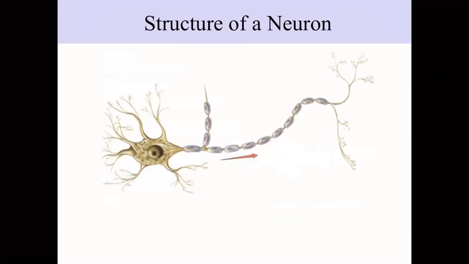Now here's the structure of a neuron. So we're going to go over what the parts are. And there's a lot of parts. So let me start down here. Down here at the bottom, these are called synaptic, I call them synaptic bulbs. I'm looking at the new edition of the book here.